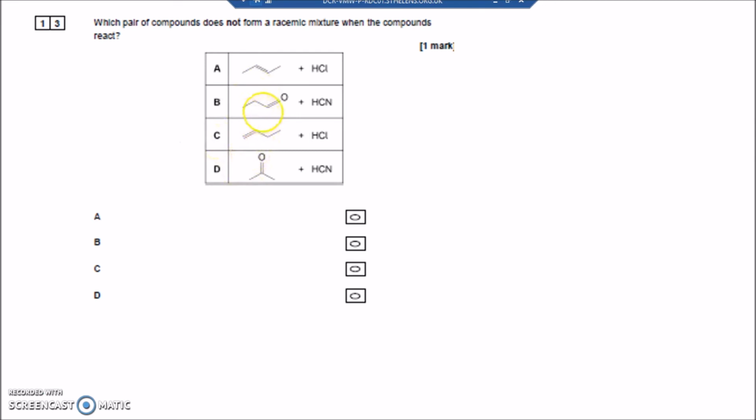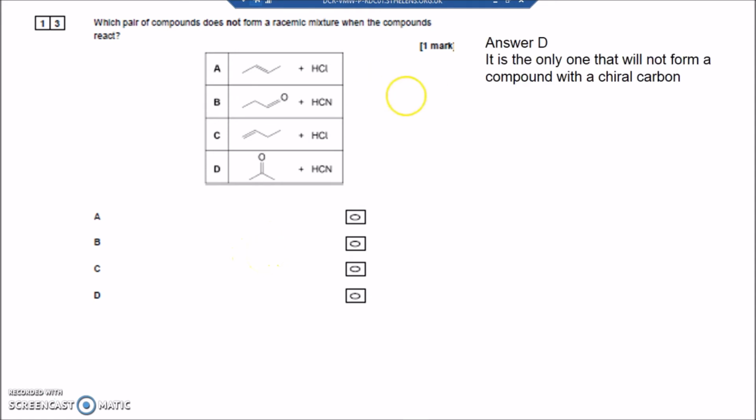So we're looking for something maybe symmetrical, so automatically I'm drawn towards D because I've got 2 methyl groups. So D looks as if it's automatically going to be the answer, although I can talk you through why the others are not. So A, if HCl joins across the double bond by electrophilic addition, then you've got a chiral carbon on carbon number 3, where let's say the Cl goes.